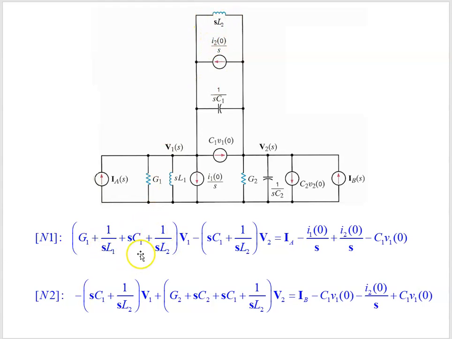So this is everything, all our passive currents flowing out of the node for V1, but we also have this side, and this side what we really have is V1 minus V2 divided by 1 over SC1, and V1 minus V2 divided by SL1. That's that current up there.